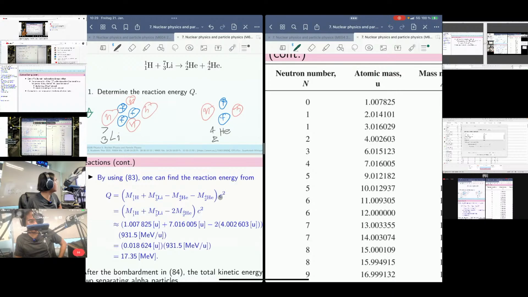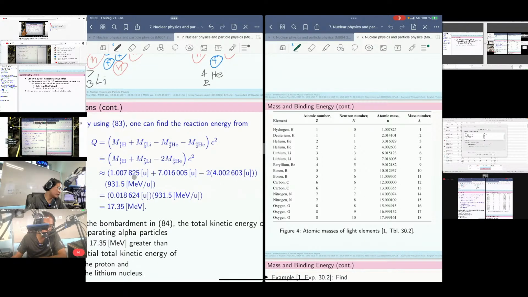We change the c squared to become 931.5, and the unit is mega electron volt per atomic mass unit. Everything will be computed in atomic mass unit, and we multiply by 931.5. The mass difference is not a big deal. It's only 0.018624. After that, you make the multiplication, you get 13.37. You can see that it's on the scale of 10, almost 20 mega electron volt.